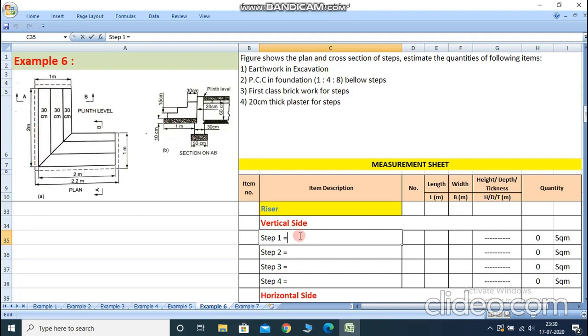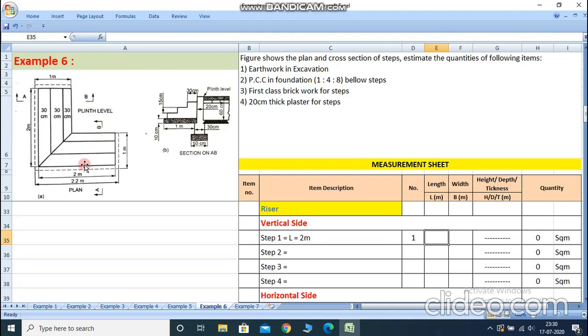So here simply length is equal to 2 meter. So the number we count as 1 for the vertical side. If both the lengths are the same it's fine, but if the lengths differ, like 1 meter and 2 meter is given here and 3 meter is given for the horizontal side, then we calculate separately.